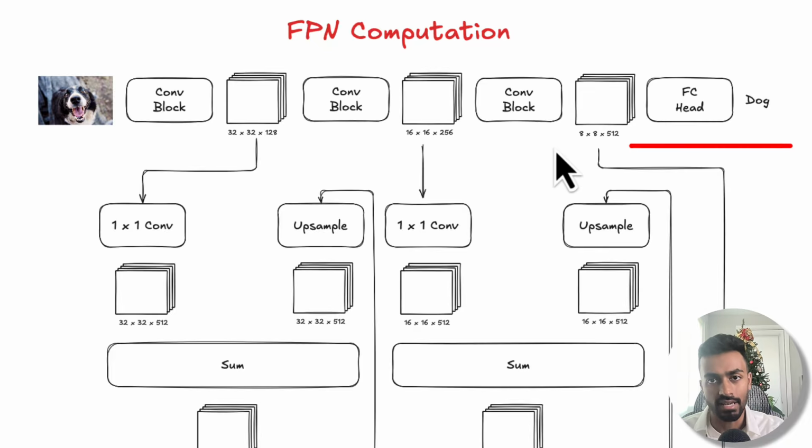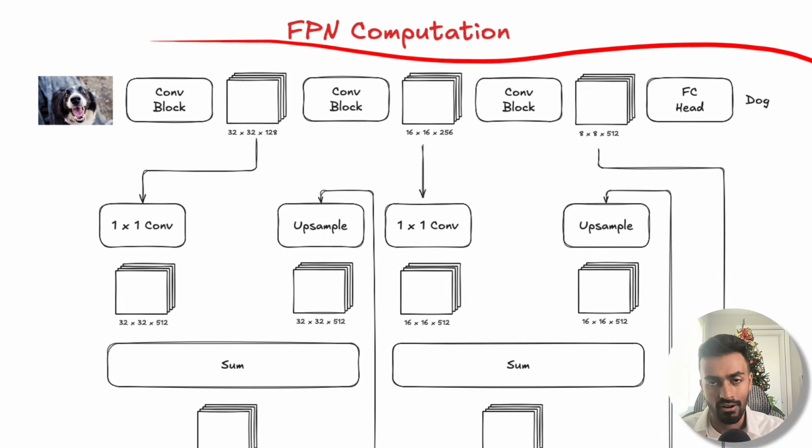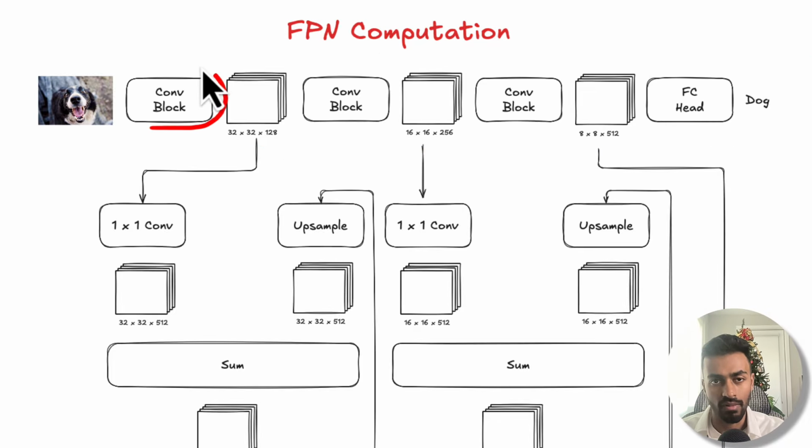This is the entire network over here. Each convolution block is basically a convolution activation and pooling operation. So you can imagine we take an image, we transform it into a 32 cross 32 cross 128 tensor. This is again convolution activation pooling: a 16 cross 16 cross 256 tensor, conv activation pooling, an 8 cross 8 cross 512 tensor, and an FC head to get the dog.